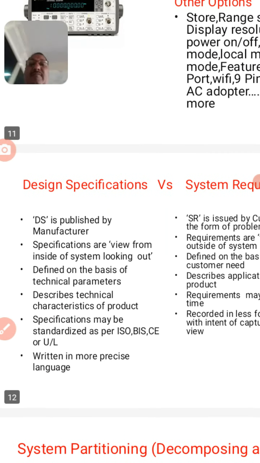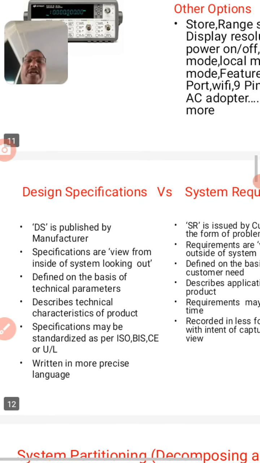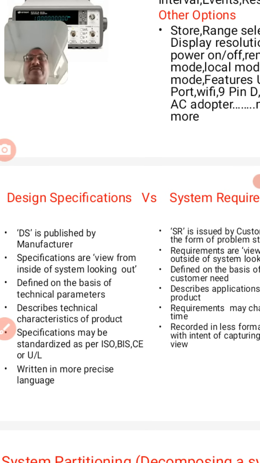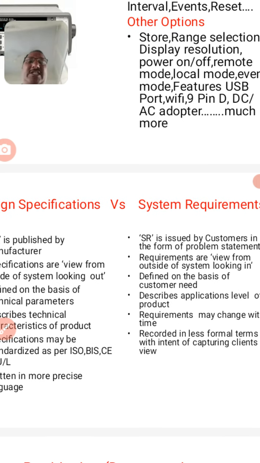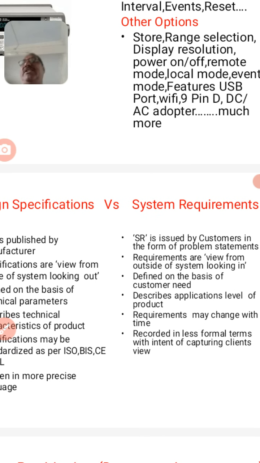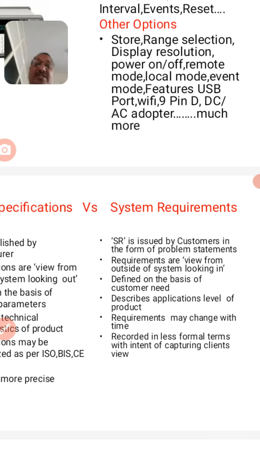Now we will see a point: design specification versus system requirement. There may be a question in the university paper to differentiate between design specifications and system requirements. System requirement is a general term, while design specification is deep and concentrates on special designs or specifications.